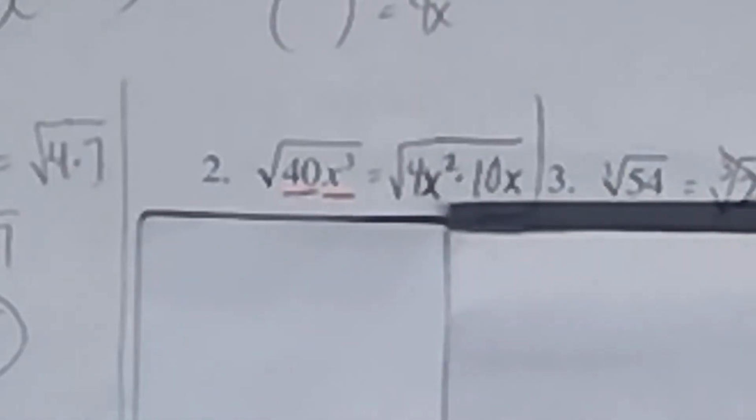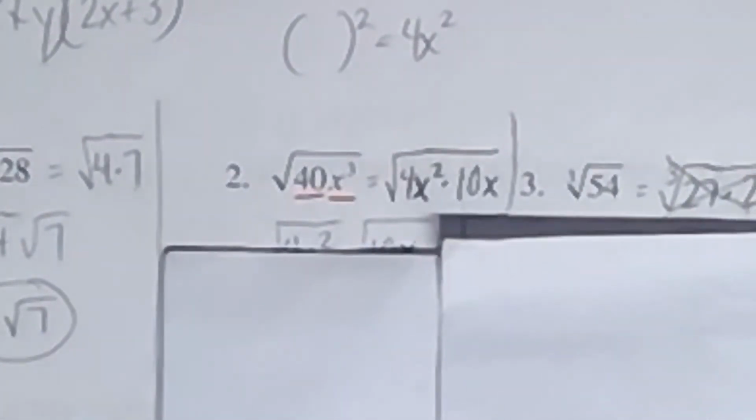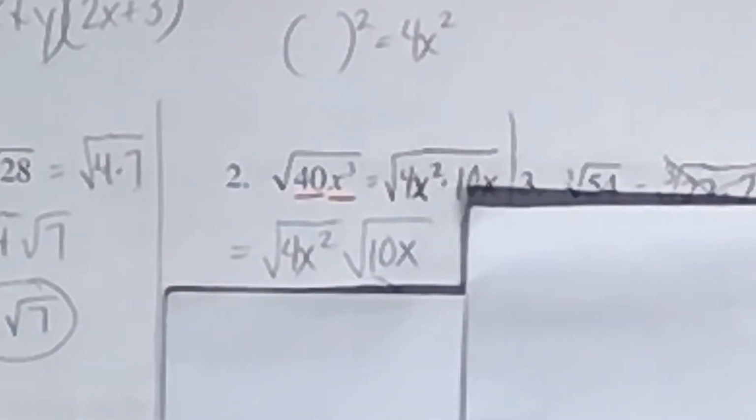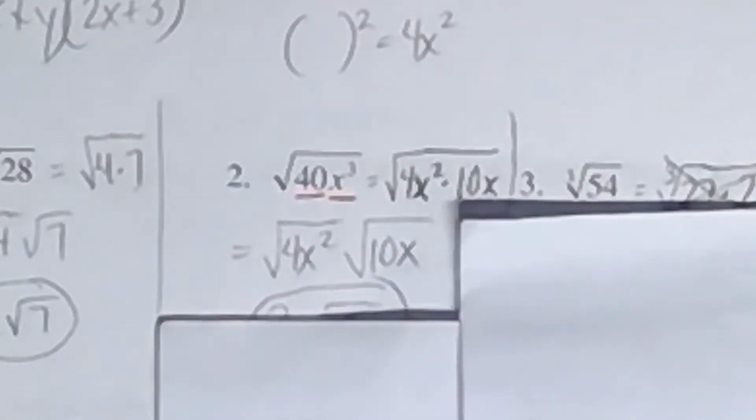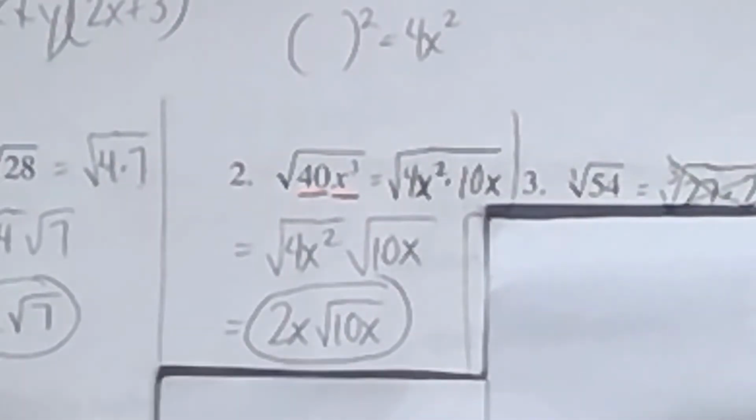And so what does that multiply by? That is multiplied by 10x, isn't it? To get it still equal to the original problem. Okay. We split that. And then we evaluate the first radical. We get 2x. Okay. And there you go.